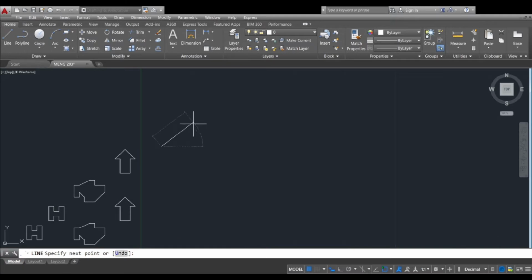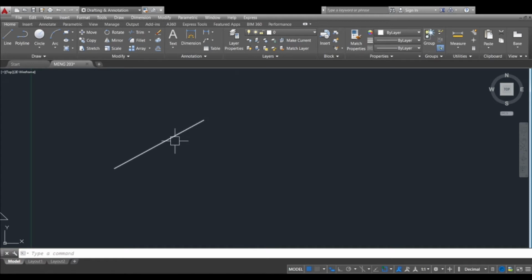After this, we will enter the coordinate of our next point, that is @5 angle 30, and then enter. So that is your line with endpoint at @5 angle 30.